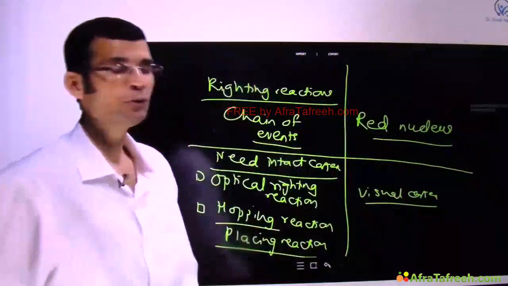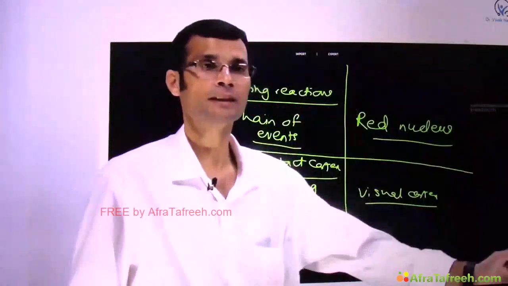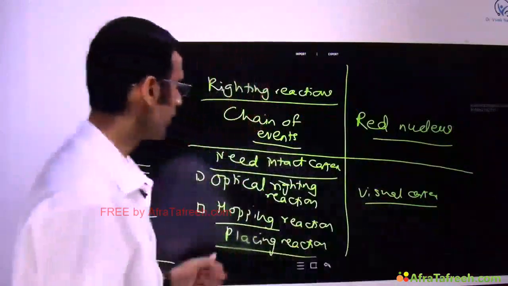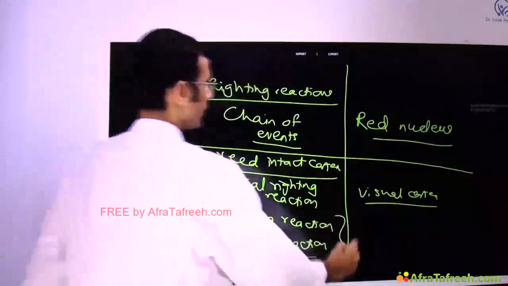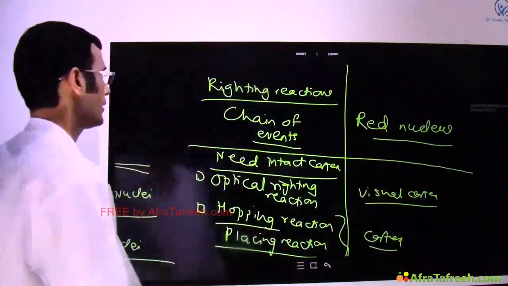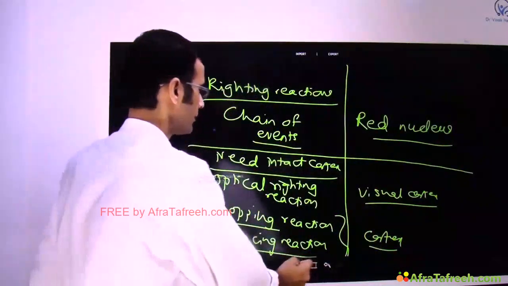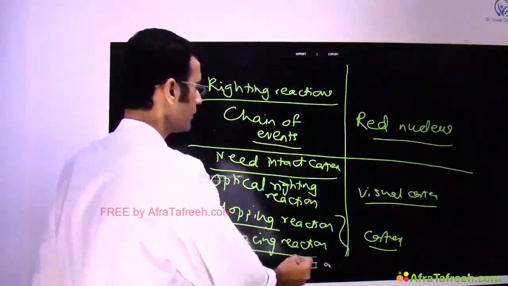Or you place the foot at a distance firmly on the ground to prevent the fall. So even this needs an intact cortex. These are the postural reflexes with their centers. So that's the discussion on motor system.